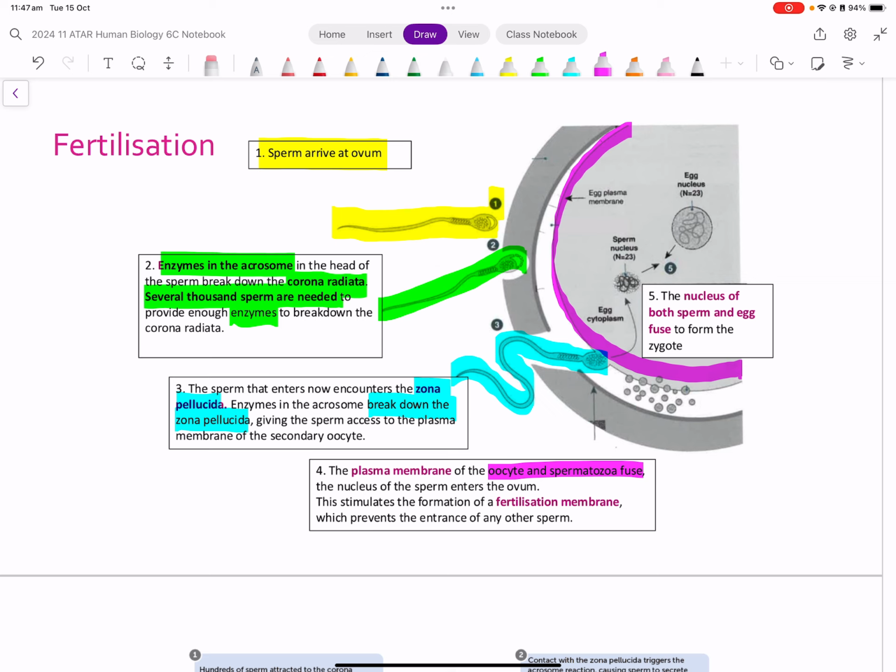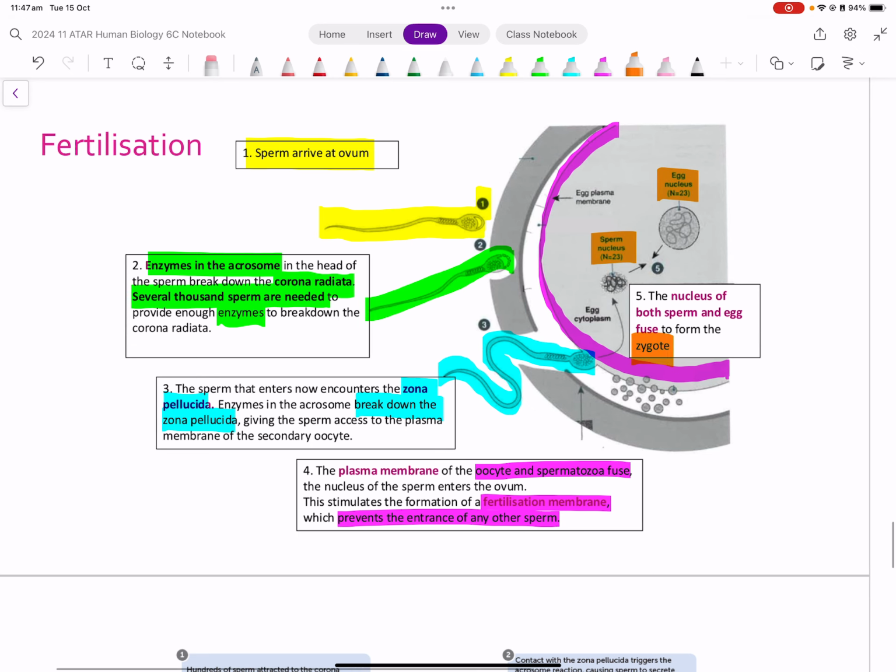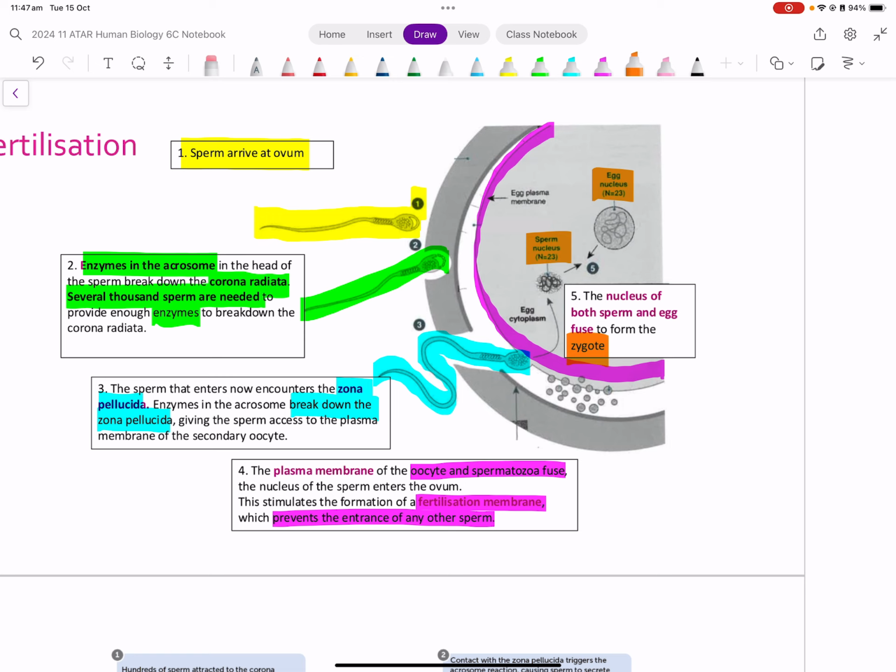And it's during this time that when that sperm enters the ovum, it stimulates the formation of what we know as a fertilization membrane. And this fertilization membrane prevents other sperm from fertilizing this egg. Once these sperm and egg have fused, it is then known as a zygote. Now, you'll see up in this diagram I've highlighted egg and sperm nucleus.